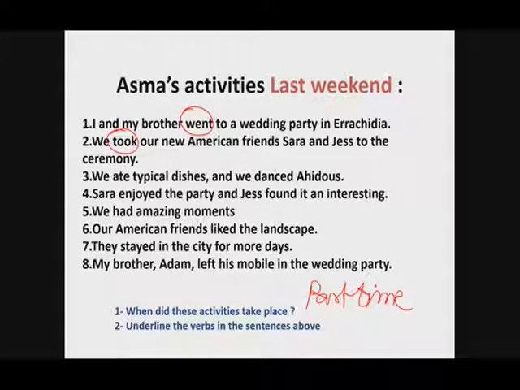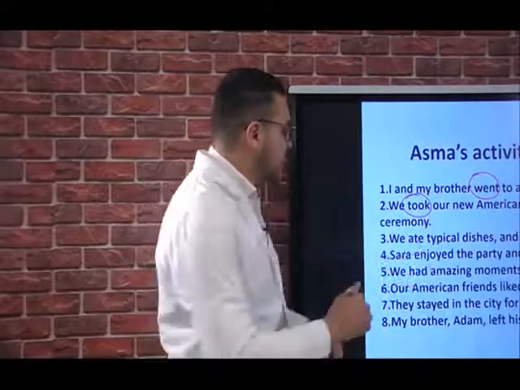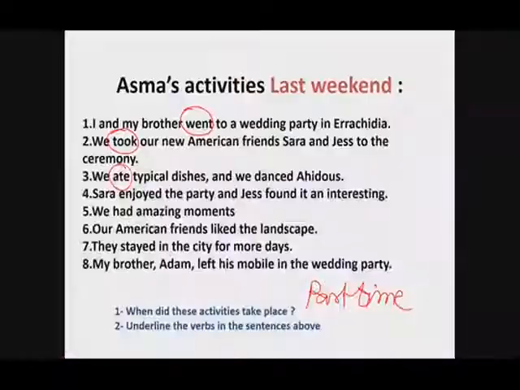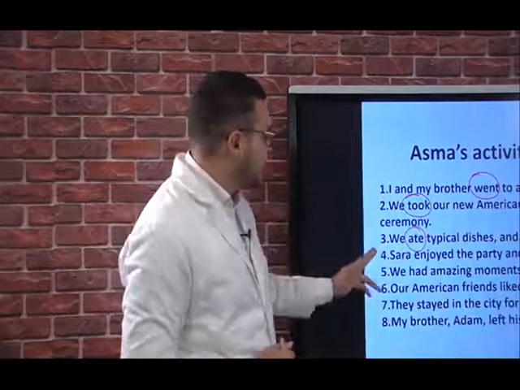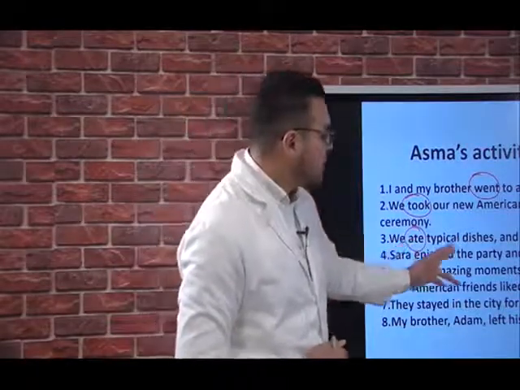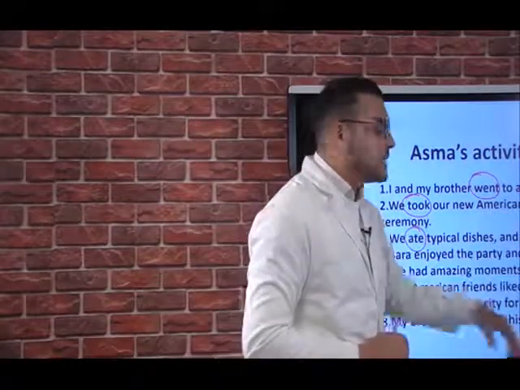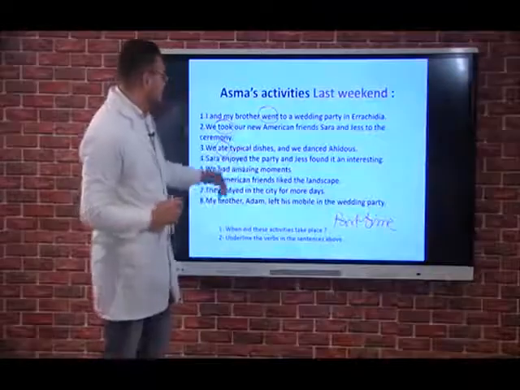3, we ate typical dishes and we danced a hidus. So the verb in here is ate, which is the verb to eat in the simple past. 4, Sarah enjoyed the party and Jess found it interesting. So what do we say in here?